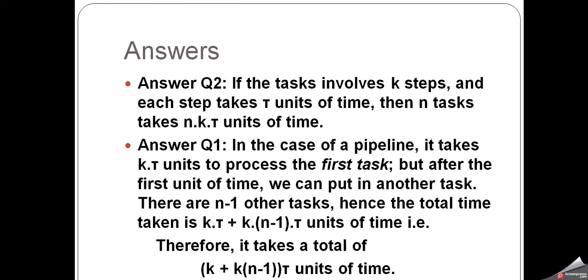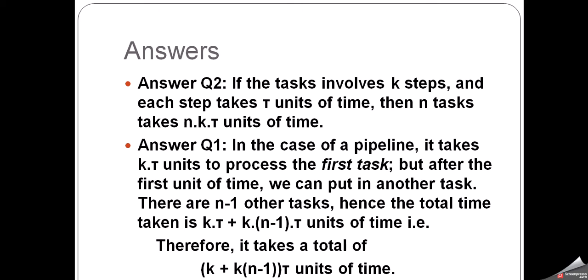So the answer to question 2 is that if the task involves k steps and each step takes tau units of time, then n tasks will take n times k times tau units of time. I hope you can see that straight away. It's quite obvious. But the answer to question 1 might involve a little bit of thinking about.